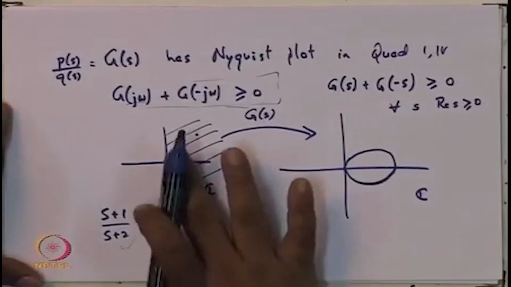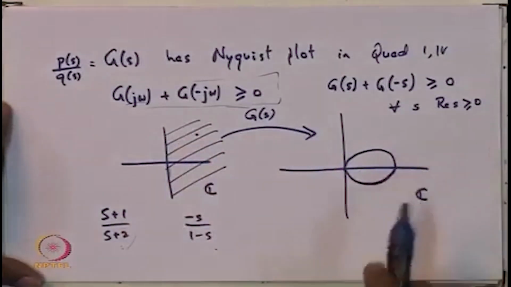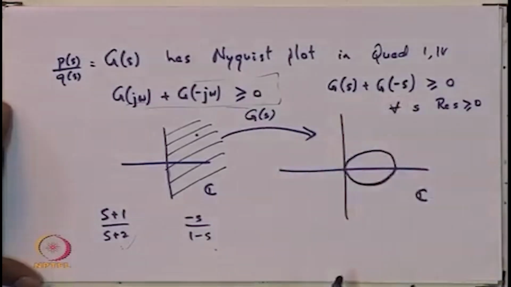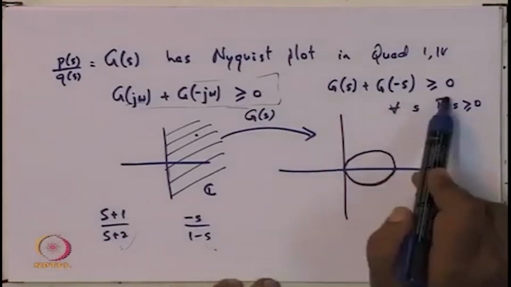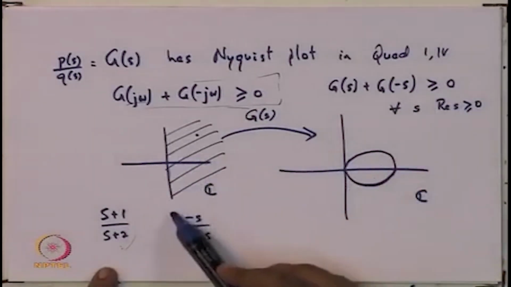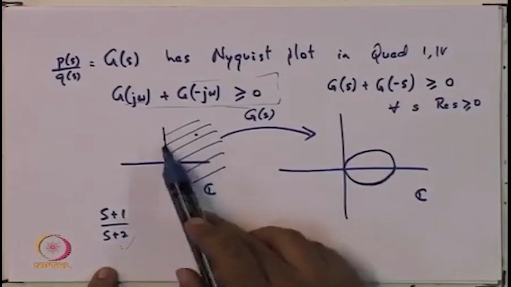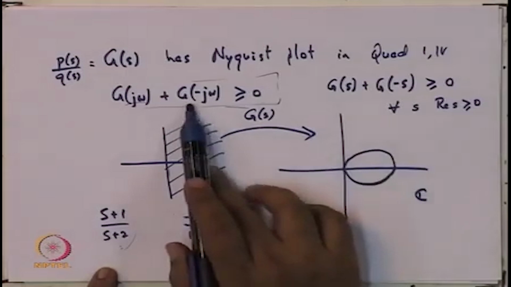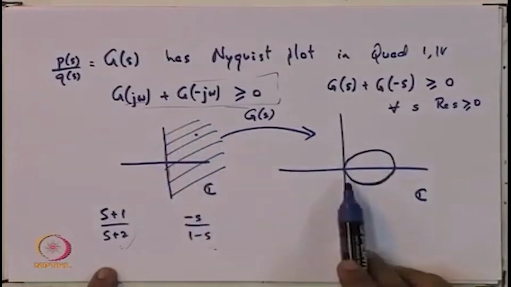And this whole half plane should map such that it falls in this right half. If you put this added condition, then because the imaginary axis is the boundary of this region, if this condition is satisfied, then the earlier condition is automatically satisfied.